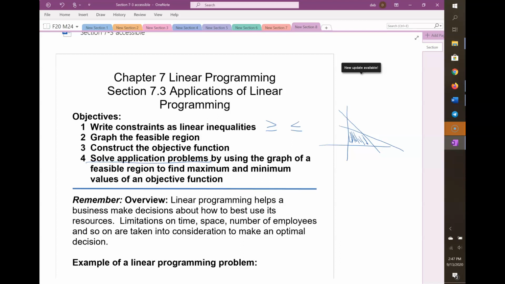So remember that linear programming is a technique that helps businesses make decisions about how to use their resources, and any limitations on time or space or number of employees get taken into consideration to make an optimal decision. So we're looking at very simple scenarios here, but this can easily be expanded using computers to as many variables as you need.